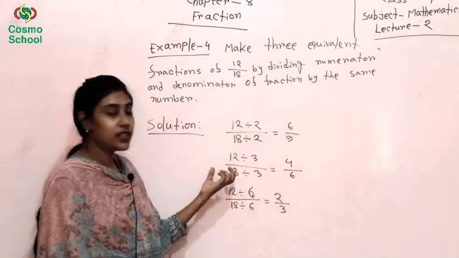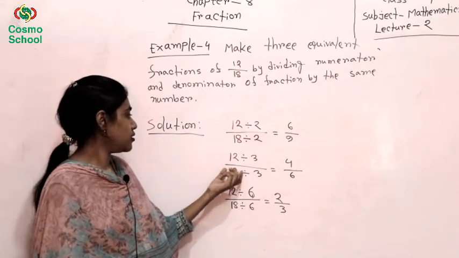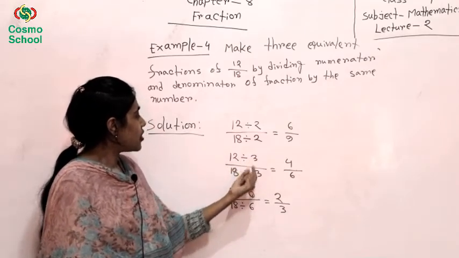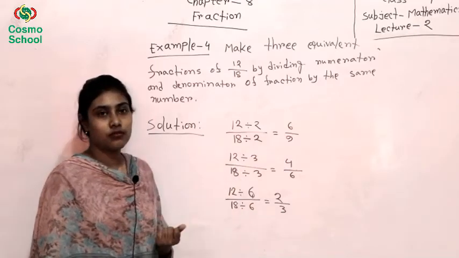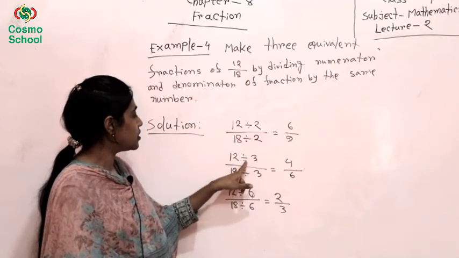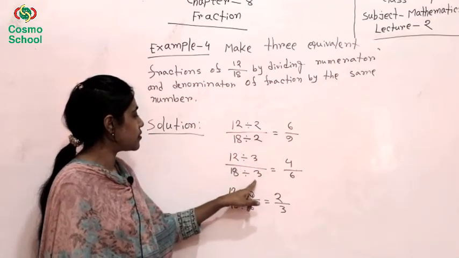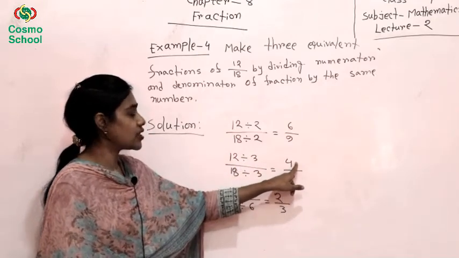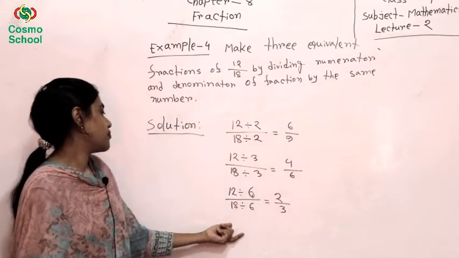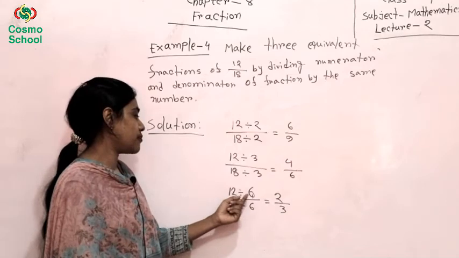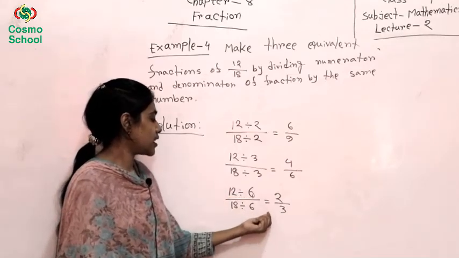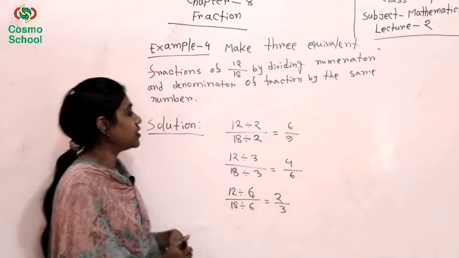In the same process, I use the same number for numerator and denominator to divide, and this is 3. 12 is dividing by 3 and 18 is dividing by 3 and get the result 4 divided by 6. In the third part, 12 is dividing by 6 and 18 is dividing by 6 and get the result 2 divided by 3.